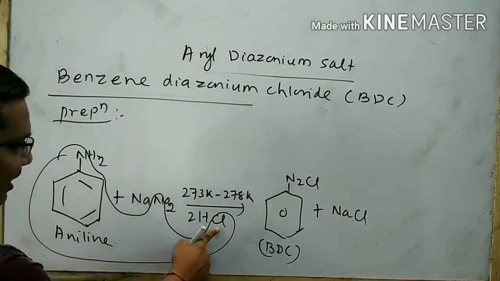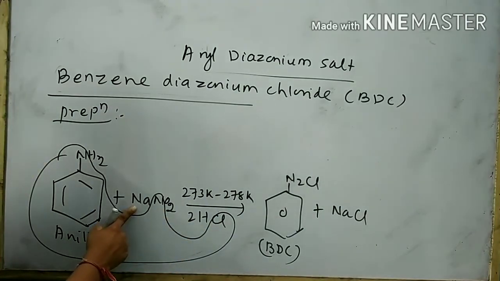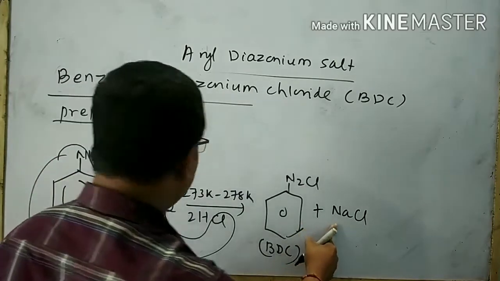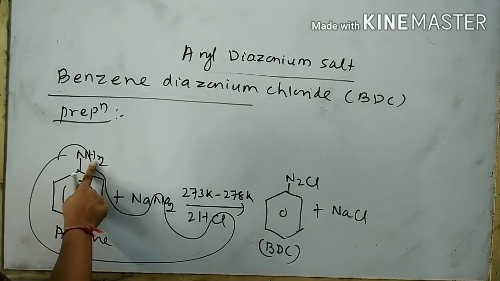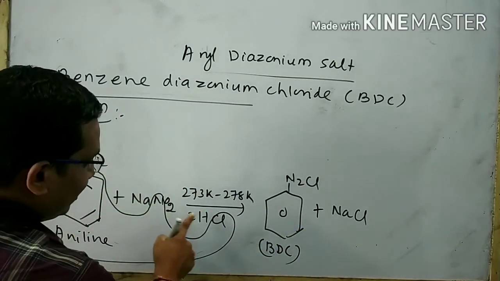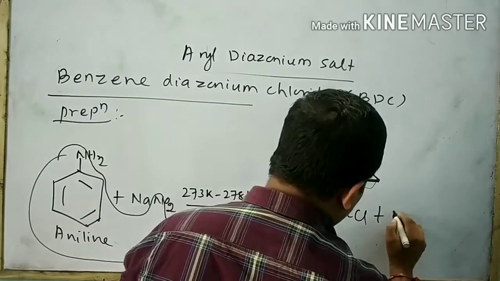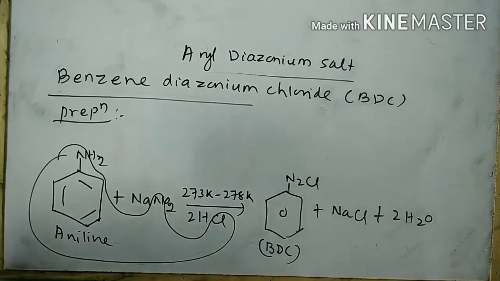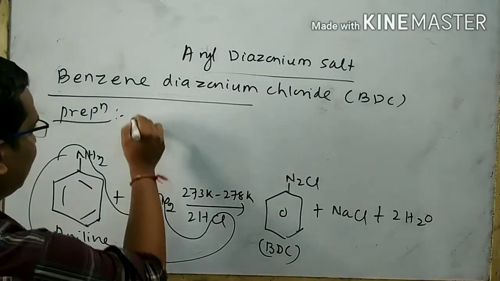Here one chlorine atom is present, here one sodium atom is present. As a result, we are able to form NaCl as the byproduct. Here 2 hydrogen, here 2 oxygen, here 2 hydrogen. As a result, we are able to form 2 water molecules. So we can write a statement for this reaction.